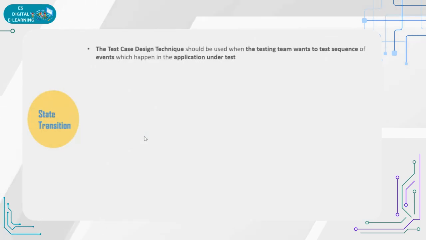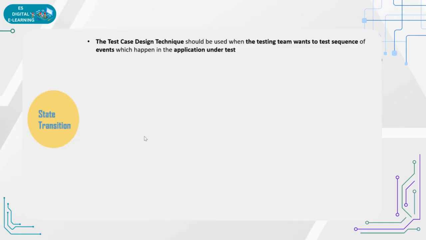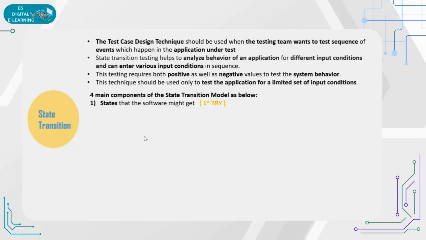And state transition. State transition is like, if one condition is not working properly, I need to move to another state, like moving from one state to another state. Here, state means the situation the system is in. For example, you go to the ATM and insert the card.